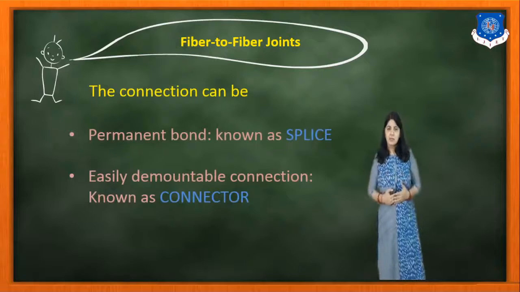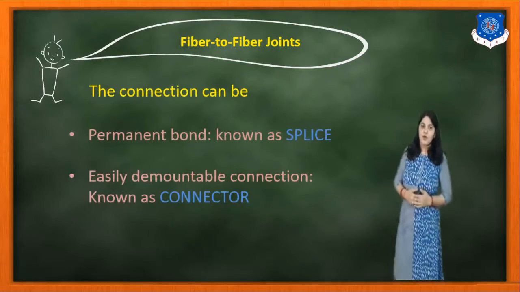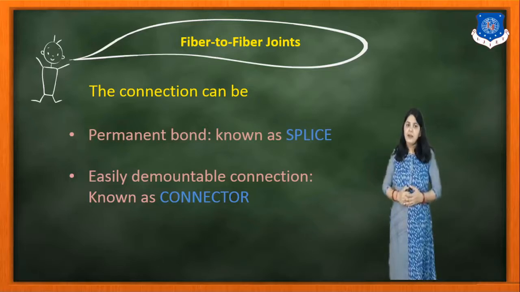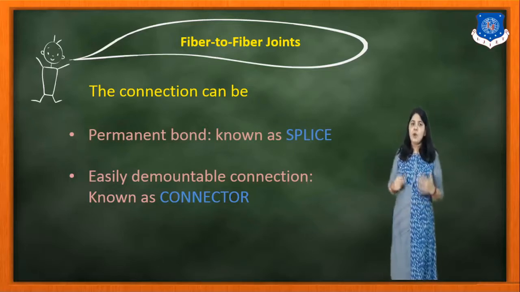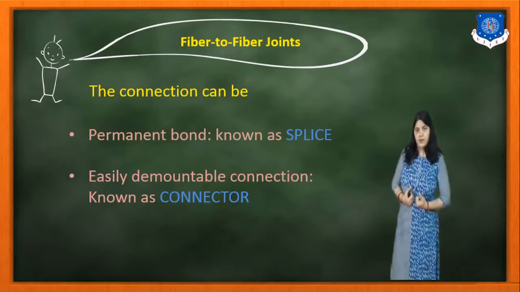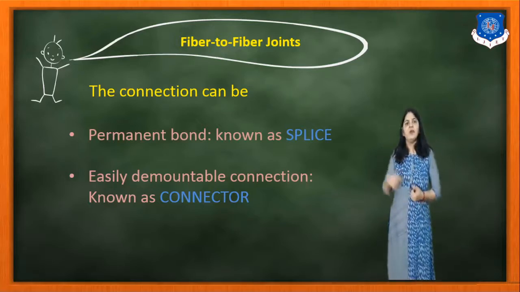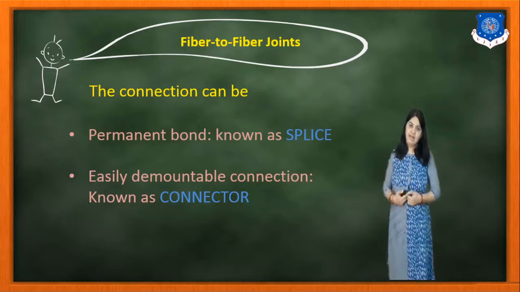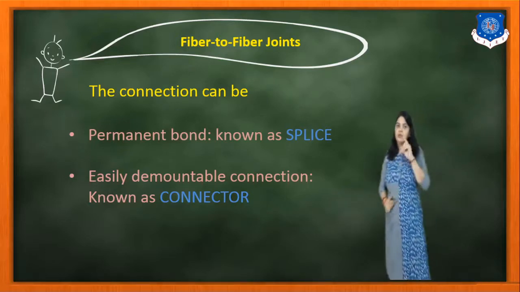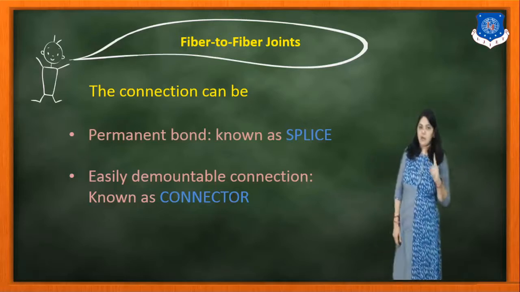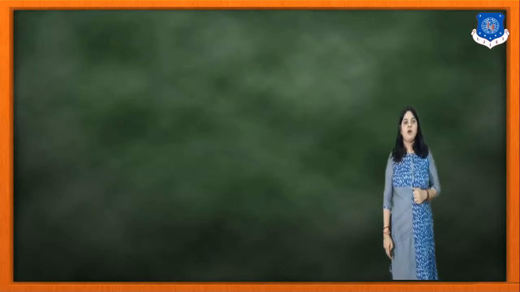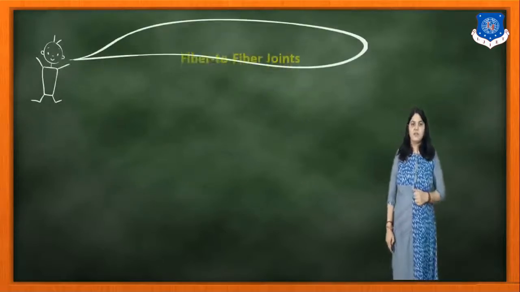The connection can be a permanent bond, known as a splice, or an easily demountable connection between the two fibers, referred to as a connector. So the difference is that the splice is a permanent bond, and the connector is a demountable connection.